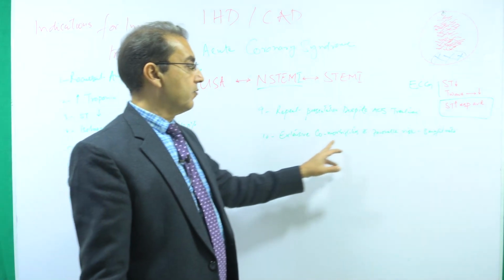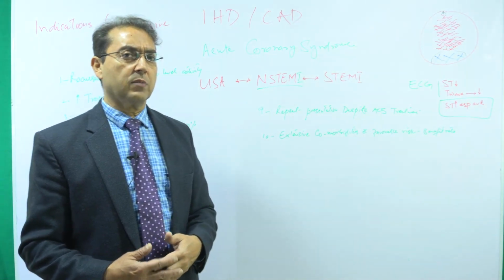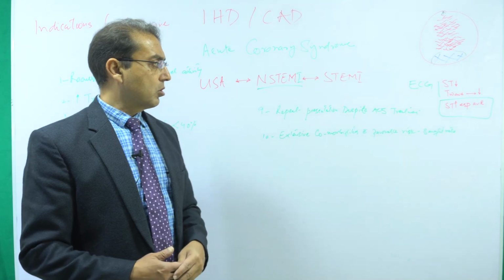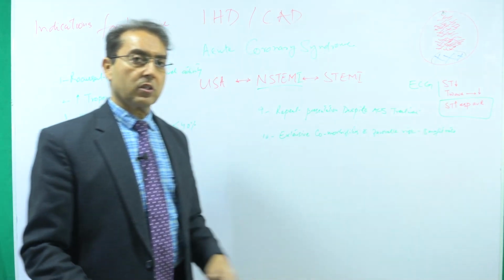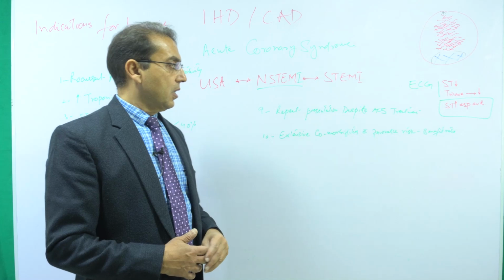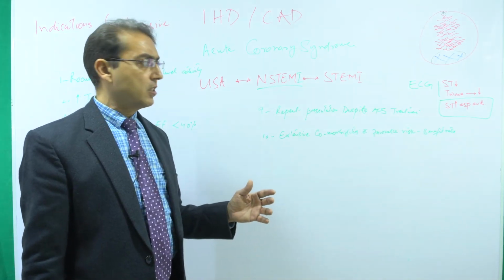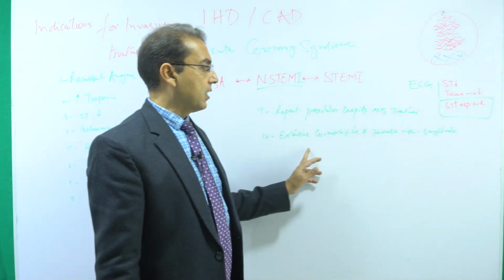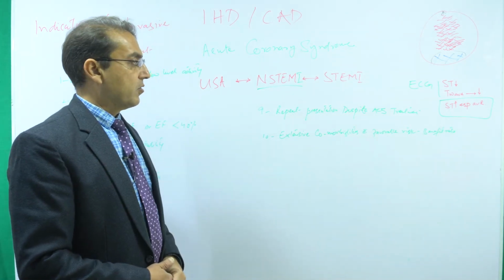Patients who have extensive comorbidities, for example diabetes, kidney disease, or strokes, if they have a favorable risk-benefit ratio, for example if the kidney function is not that compromised, creatinine is not that high, and they have grade 1 or grade 2 kidney disease, they are good candidates for invasive management.